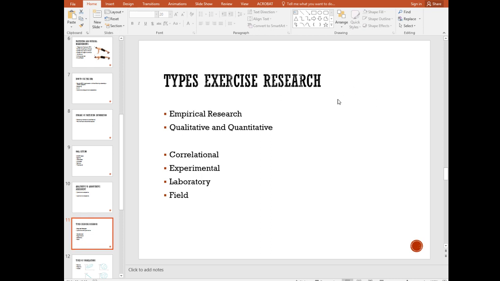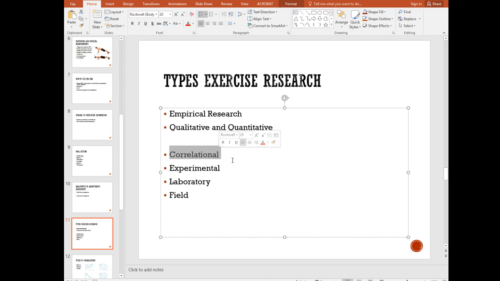So, types of exercise research. We need to understand empirical research. How are we going to change and how are we going to measure that change? So correlation, just think of that as prediction. Correlation is used a lot with exercise. That's why I think it's important for you to know. If you've ever done a Pearson R in math, that's a correlation. That's a linear regression.